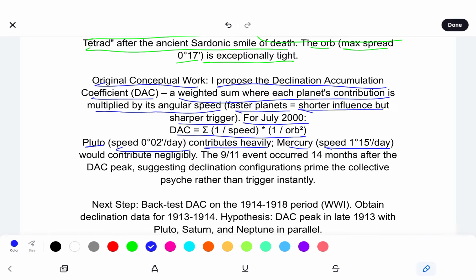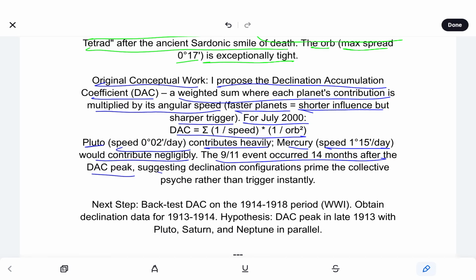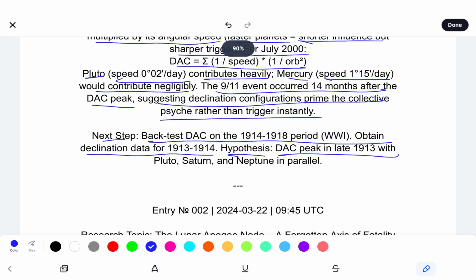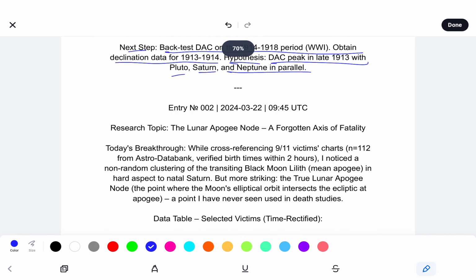Mercury, speed 1 degree 15 per day, would contribute negligibly. The 9/11 event occurred 14 months after the DAC peak, suggesting declination configurations prime the collective psyche rather than trigger instantly. And our next step would be to backtest DAC on the 1914-1918 period, World War I, obtaining declination data for 1913 through 14. Then our hypothesis is a DAC peak in late 1913 with Pluto, Saturn, and Neptune in parallel.